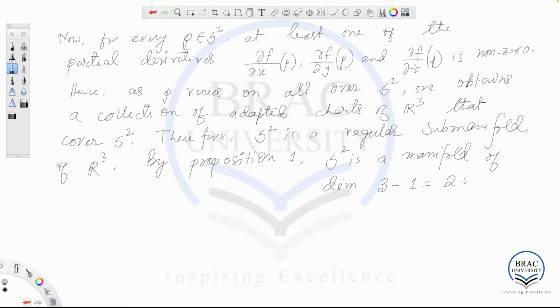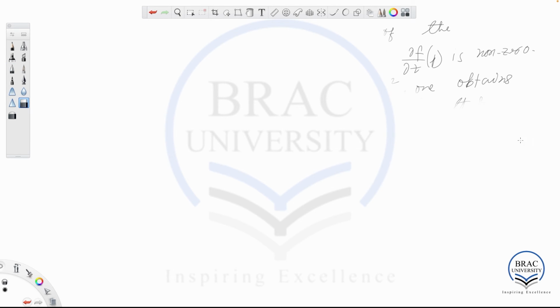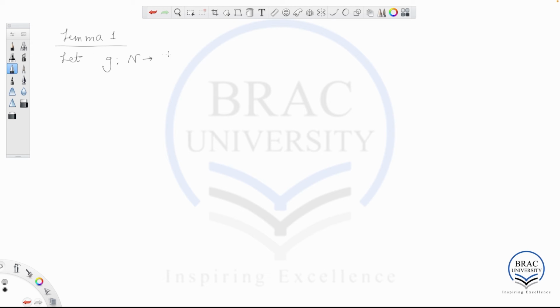Now, let me state an important lemma and prove it at this point. So I don't need these things anymore. Let me erase everything. Lemma 1. Let G from the manifold N to the real line be a smooth function. Okay.